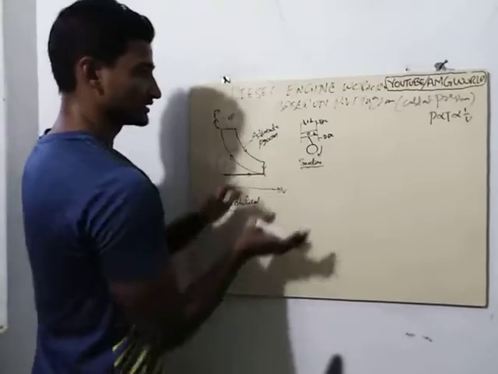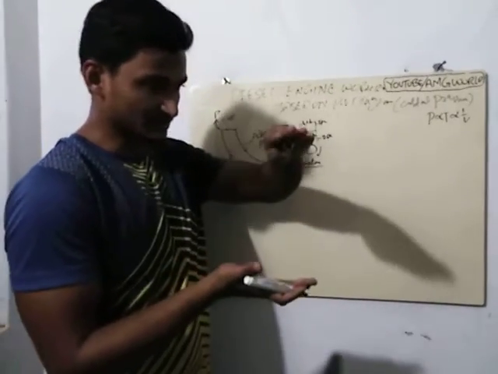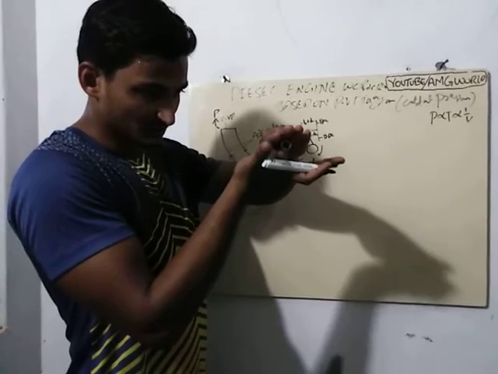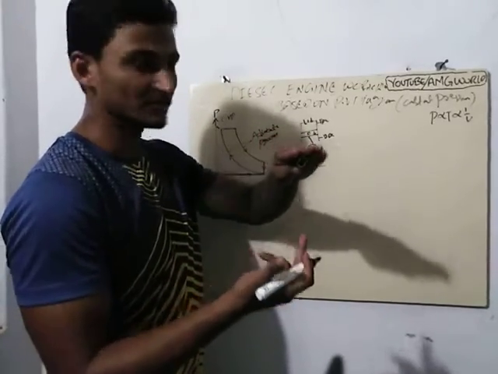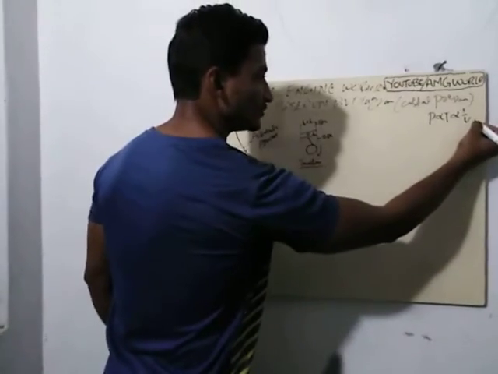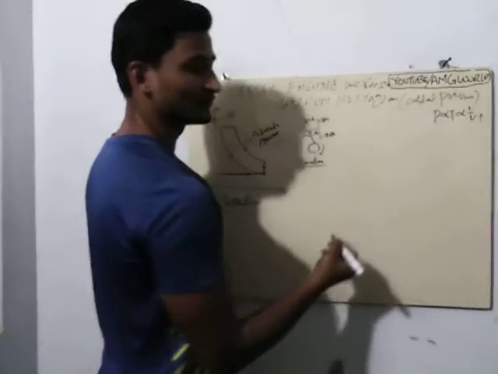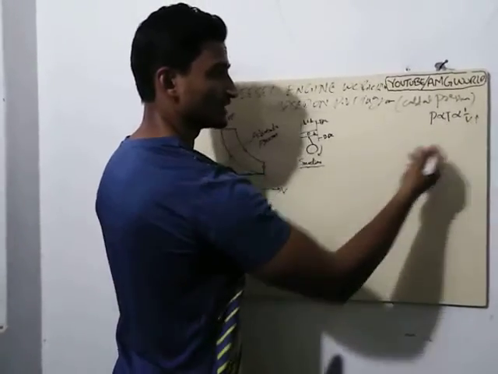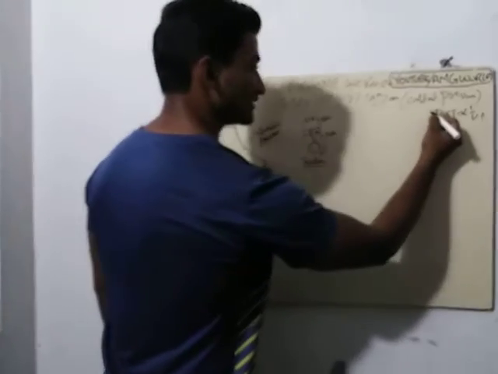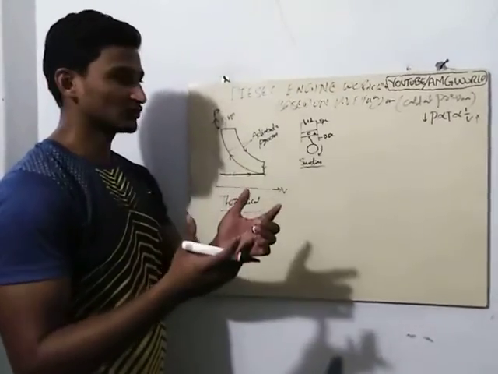Look here, the piston is traveling from TDC to BDC, which means the volume is increasing. Since P is inversely proportional to V, how does the increased volume affect the pressure? It reduces, right? The pressure reduces within the particular volume.